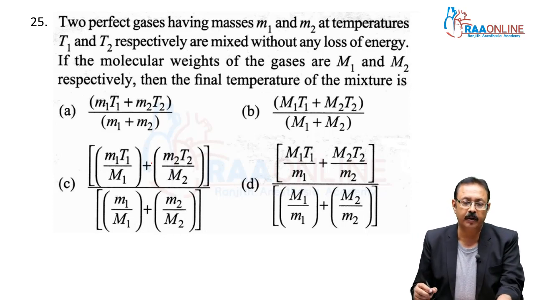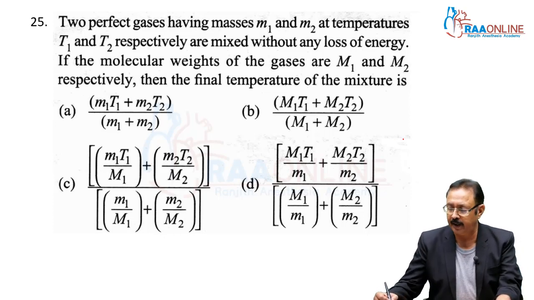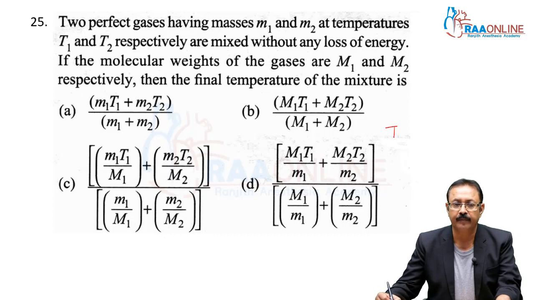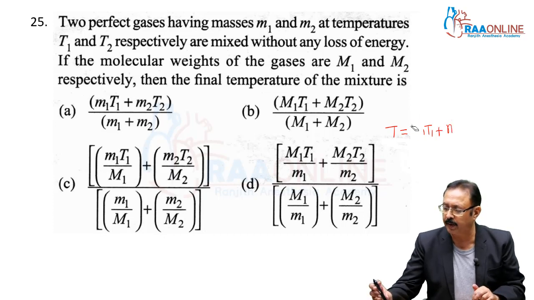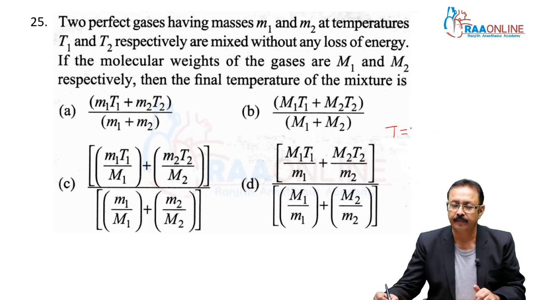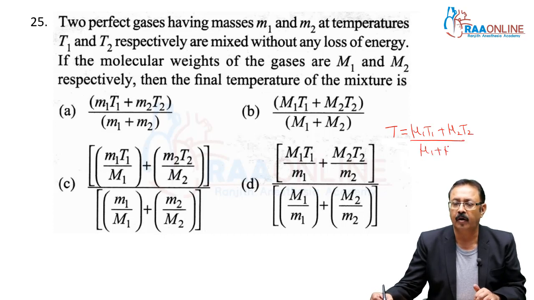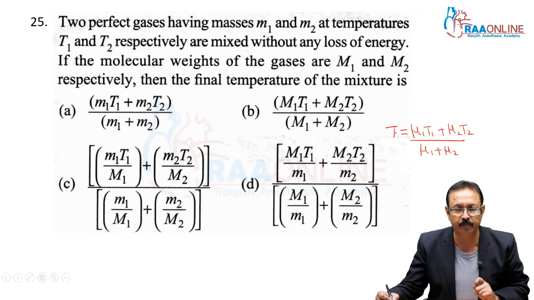We know the formula for final temperature: N1 T1 plus N2 T2, or if you are writing moles, mu1 T1 plus mu2 T2 divided by mu1 plus mu2. Only we have to calculate the number of moles.